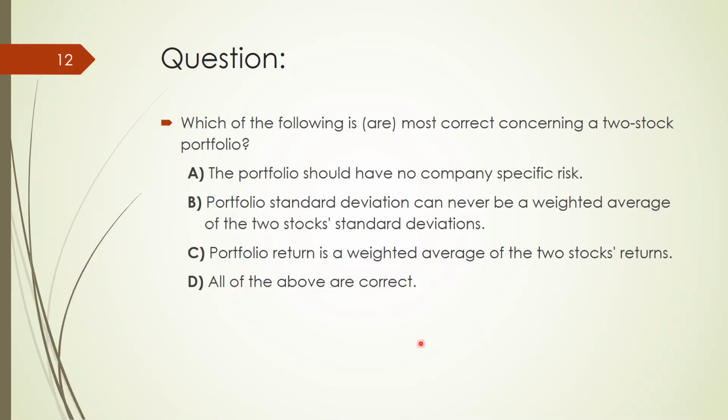C. Portfolio return is a weighted average of the two stocks' returns. That is correct. Based on rule 1, for any state of the economy, portfolio return is always equal to the weighted average return of all assets in the portfolio. So our answer should be C.